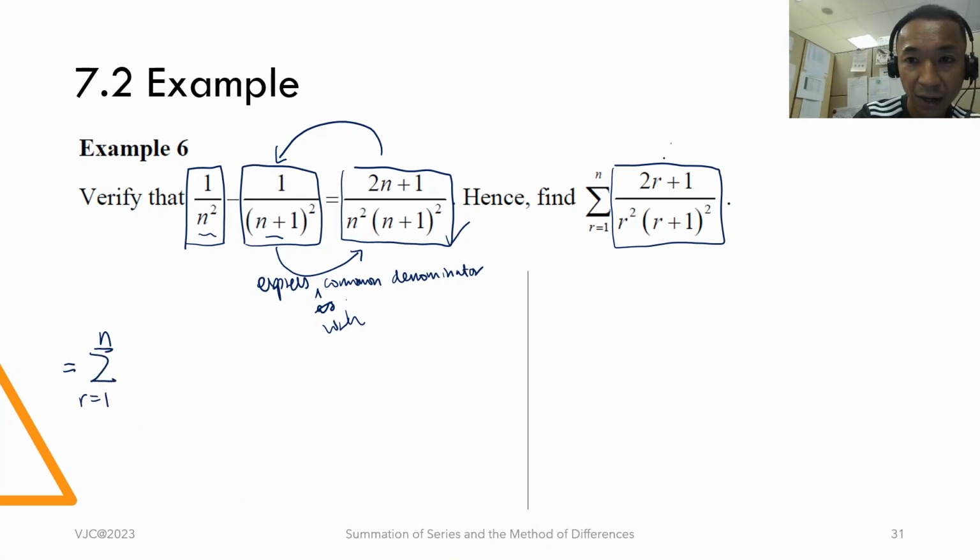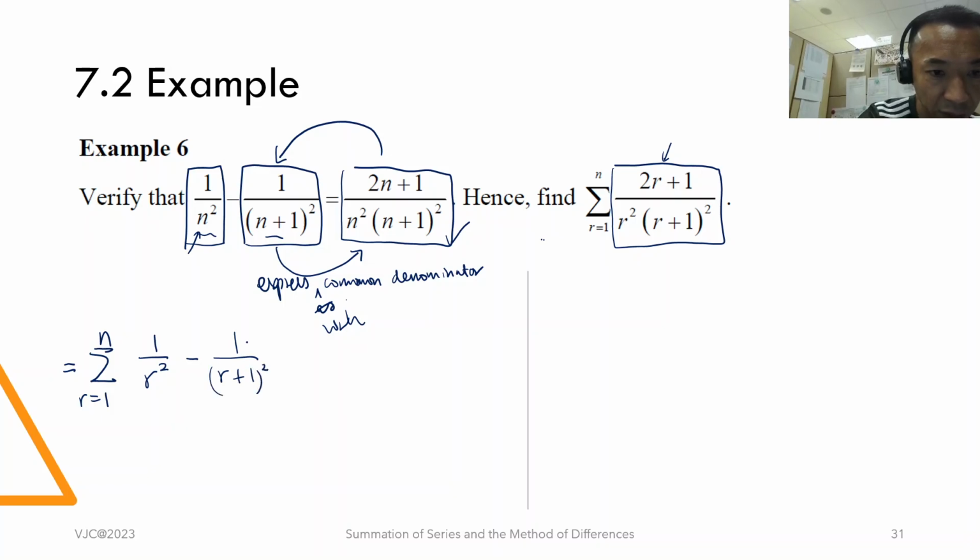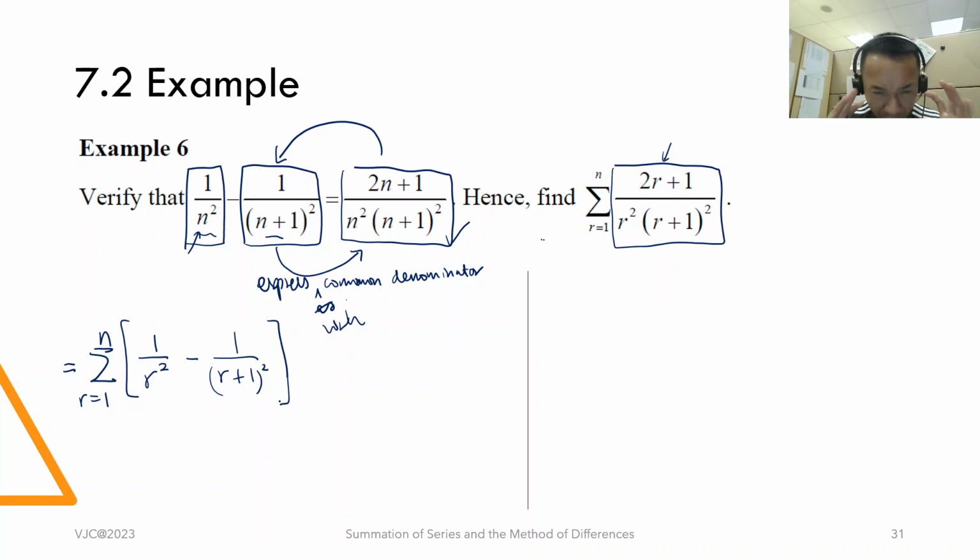Instead of n, you just change to r. So it's 1 over r squared minus 1 over r plus 1 whole thing squared. Yes? Now, please pay very, very close attention, not just in the principle, but also in my presentation next. So this part is the easy part. The next part is this.